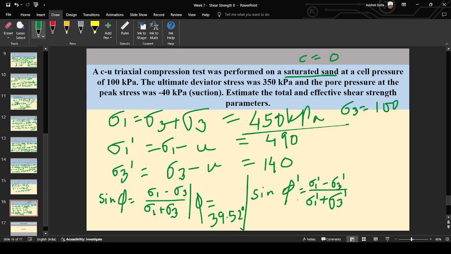Effective sigma 1 is 490, effective sigma 3 is 140. So 490 minus 140 divided by 490 plus 140. Solving this, phi effective is approximately 33.75 degrees.